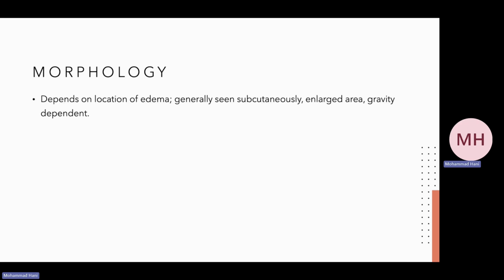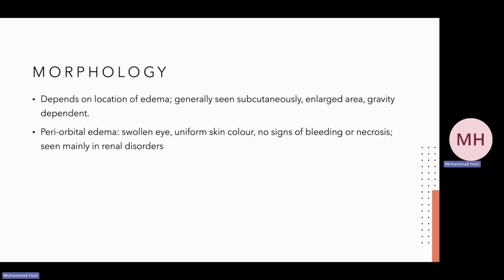Edema usually depends, like the appearance depends on where it is on the body. Mainly, it is seen in the subcutaneous regions. You see an enlarged area and it is usually gravity dependent. Hence, it tends to accumulate in the lower extremities or the lower parts of those regions where it occurs. So one type of edema is periorbital edema.